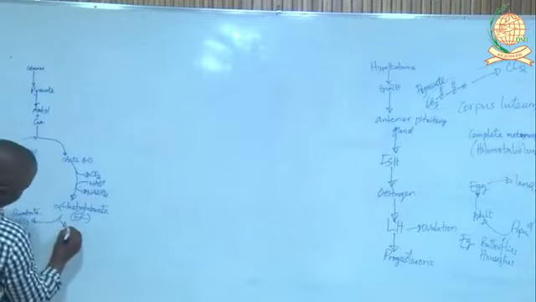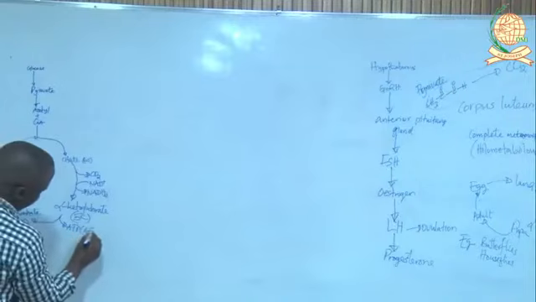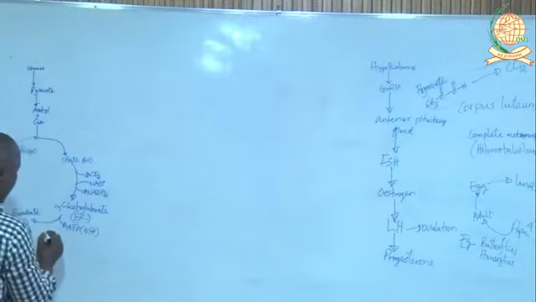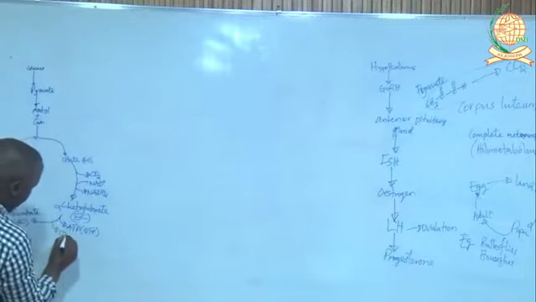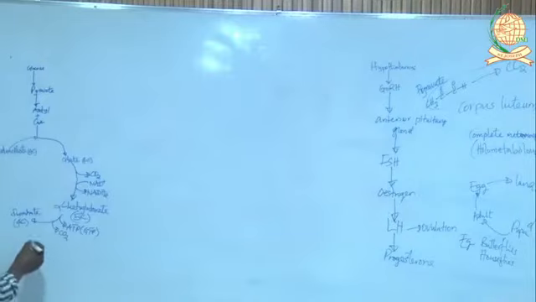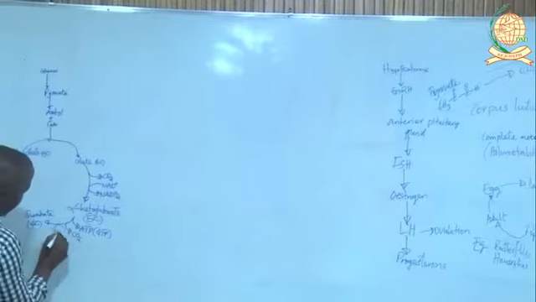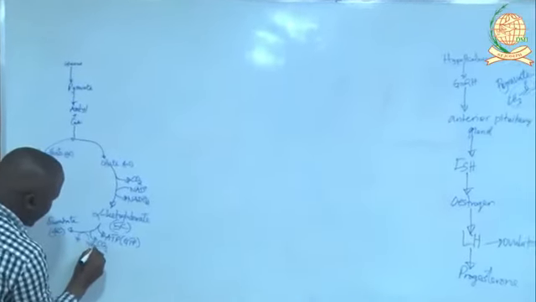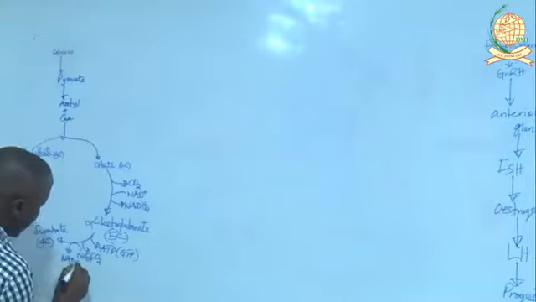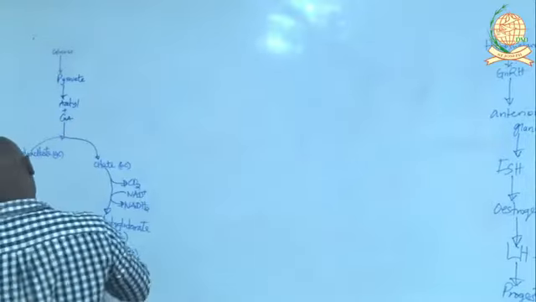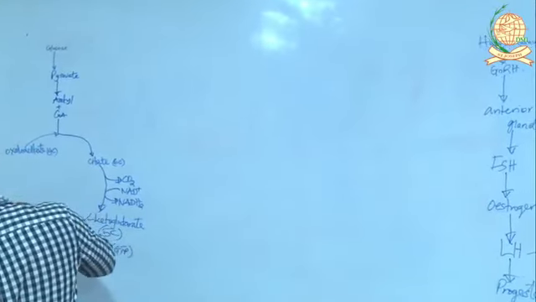Here there is formation of 1 ATP, otherwise called GTP, and also this involves decarboxylation, where carbon dioxide is lost, and another NAD, the reduced NAD, picks a pair of hydrogen and becomes reduced. Then the succinate is converted to fumarate.